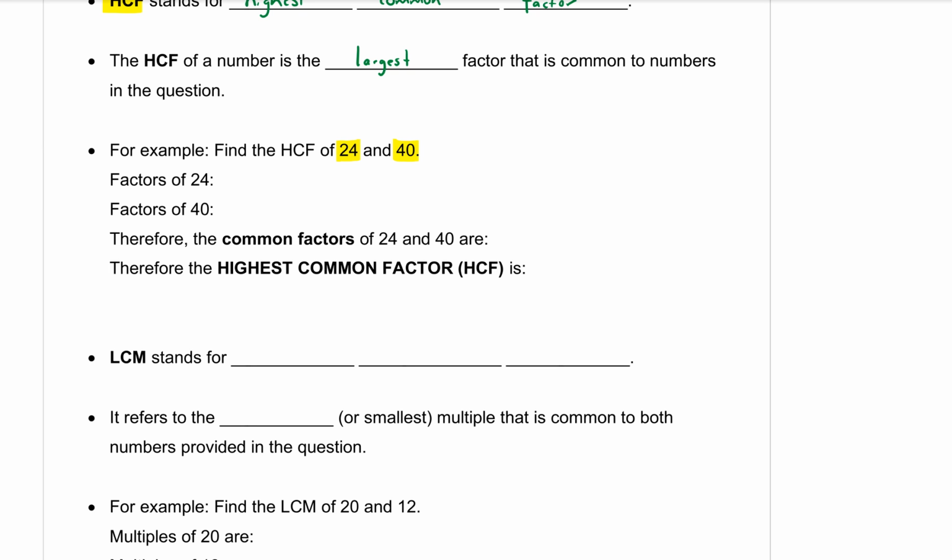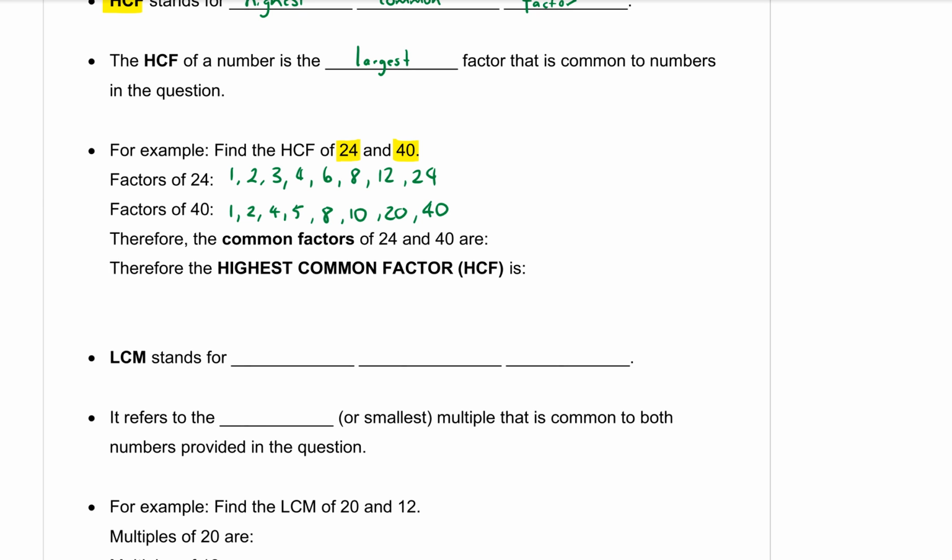So for 24, the list will be 1, 2, 3, 4, 6, 8, 12, and 24. For the number 40, the factors are 1, 2, 4, 5, 8, 10, 20, and 40. In order from smallest to largest. And that's what we learned how to do yesterday.